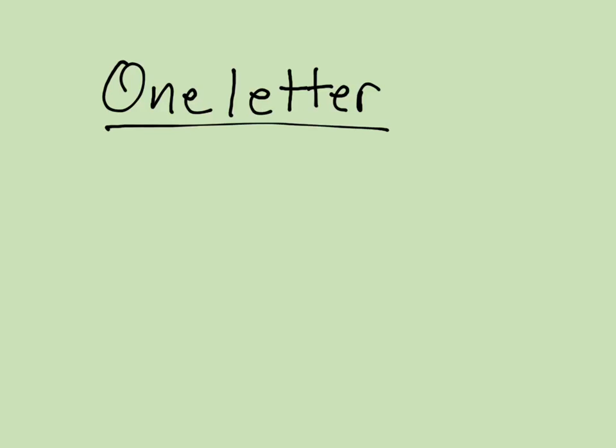So in summary, we use one letter only if there's only one of those angles possible, so it's absolutely clear which angle we're talking about. And then we use three letters, with the middle letter being the vertex, if it's not clear which angle we're talking about. Or if we want, we can still use three letters, even if it's clear which angle it is with one letter.